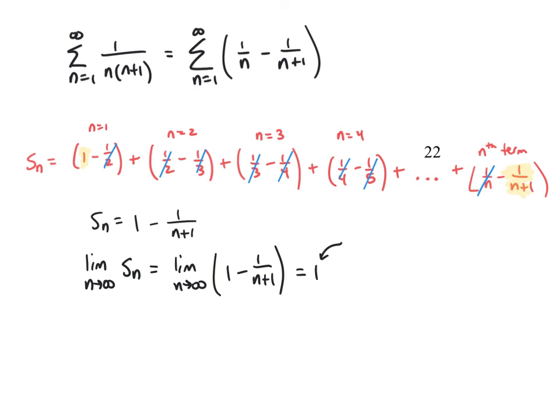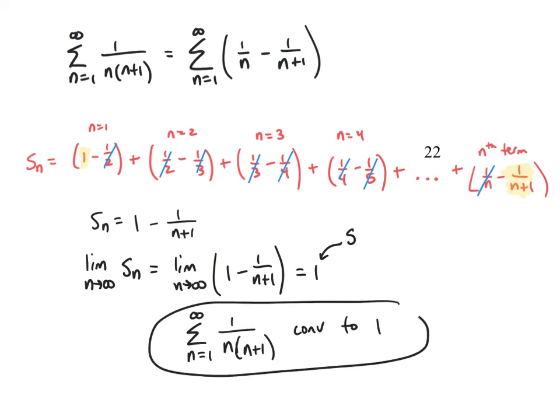Remember that in our notes was labeled as S, and it said that if we get a value like that, then the original series, from n is equal to 1 to infinity of 1 over n times the quantity n plus 1, must converge to the same value of 1.